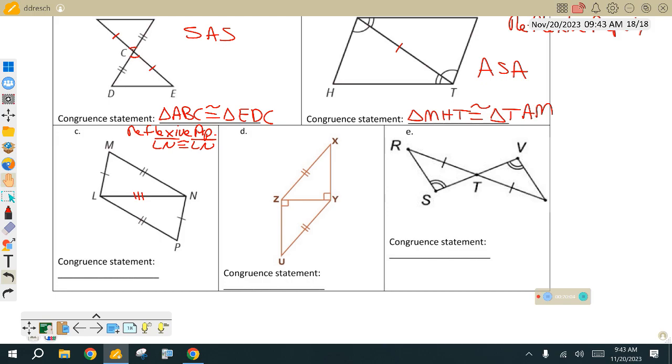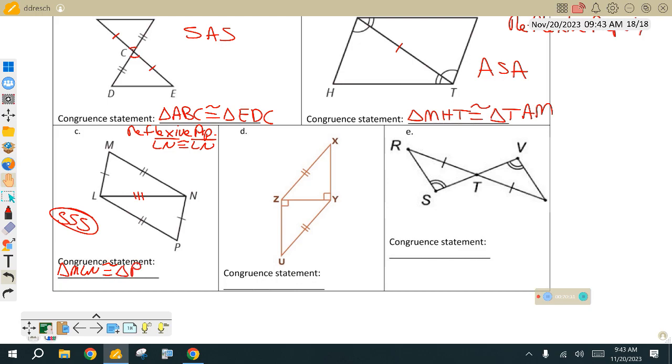And then give me the statement, guys. Give me the name of a triangle, because what did we just match it up to? What shortcut did we just now enable? Side, side, side. That is correct. Triangle, what? MLN, I think I heard, is going to go with triangle. M goes with what?